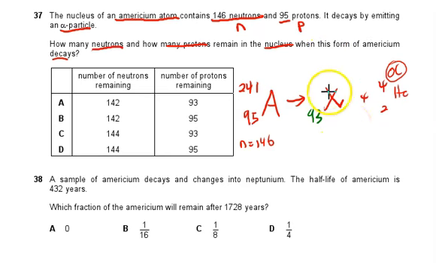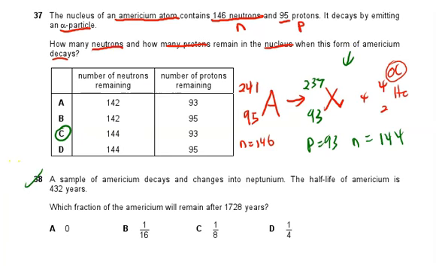So 241 minus 4, you should be able to get 237. So this is what's supposed to be here. So proton is 93, and your new neutron number here will be 144. So this is your answer. Your answer is C. So this is your explanation for this.